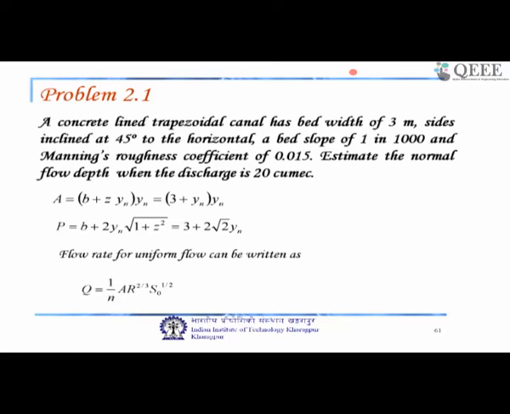From the Manning's equation, the flow rate for uniform flow can be written as Q equal to 1 by n, A R to the power 2/3 and S to the power half.